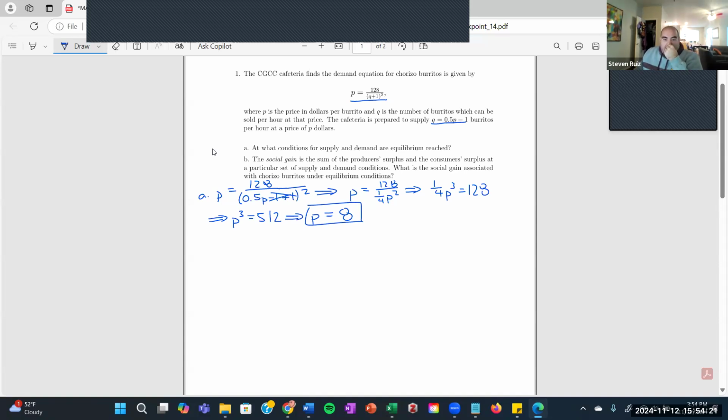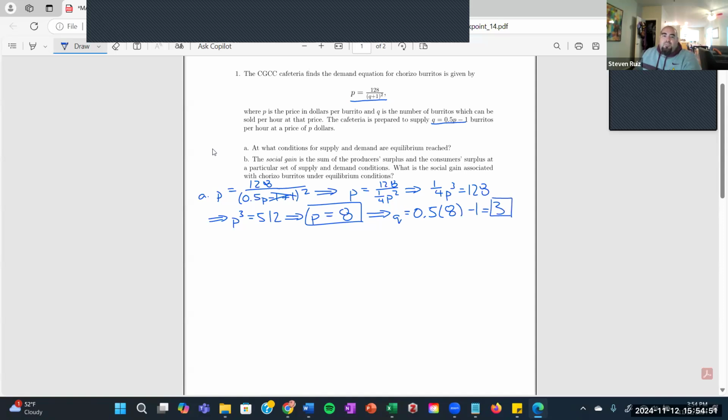So from there, what's the supply that goes with that? So at a price point of $8, how many burritos am I supplying? The number of burritos per hour is my supply, how I'm representing this. So Q equals 0.5 times P minus 1, that's 3.